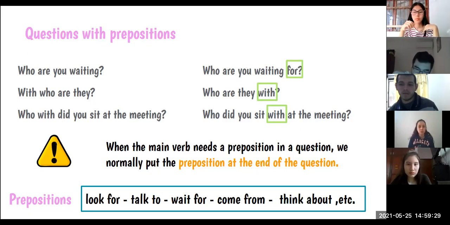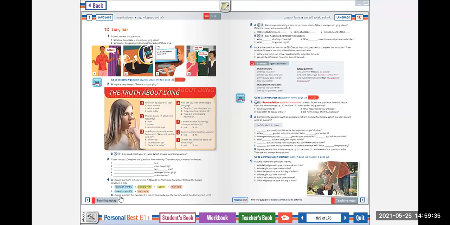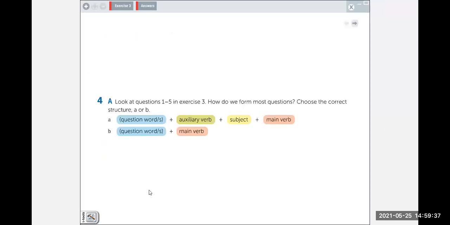So here in your book, in the exercise, let's go back to the book. You have two structures, and it says, look at the questions in exercise 3, questions 1 to 5. How do we form most questions?